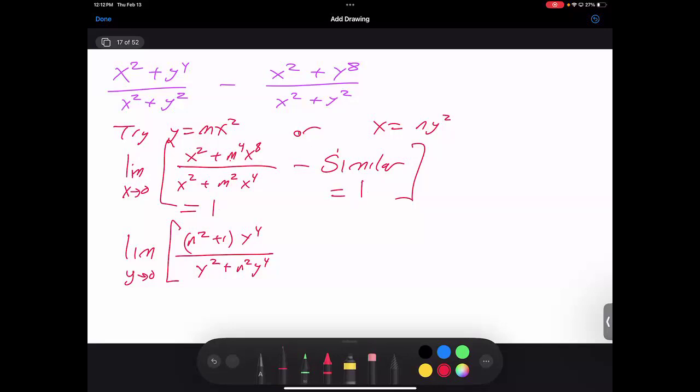If we do it the other way, if we take x to be ny squared, the first one is going to be y to the fourth, and then down below, it will be y to the fourth plus y squared. And then the second one would be n squared y to the fourth plus y to the eighth over n squared y to the fourth plus y squared.